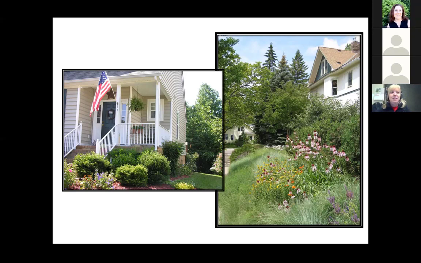But if you look at the house on the left and compare it to the house on the right, it could be the same house, hypothetically speaking, just around the corner on the other side. If you see something like the front, that's fine and it's tidy and very neat looking. But there would still be opportunities to make it pollinator friendly.